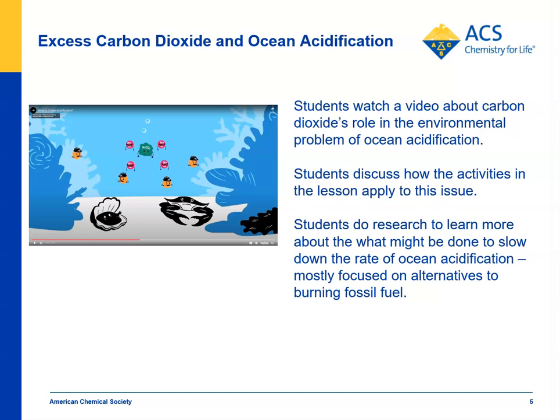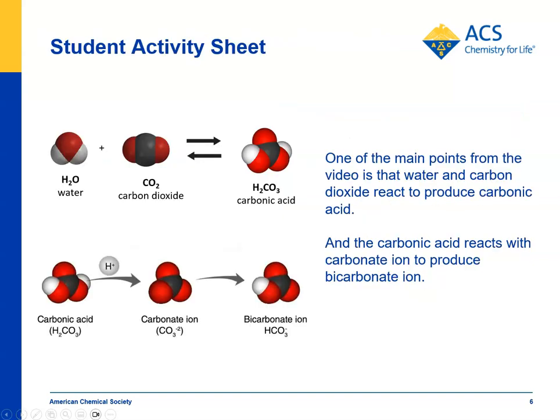In the lesson, we give you suggested places to stop it and explain to students, but one of the main points they make in the video is that water and carbon dioxide react to form carbonic acid. And then the bad thing for ocean creatures is that they need a carbonate ion and a calcium ion, calcium and carbonate, to make their shell, which is calcium carbonate.